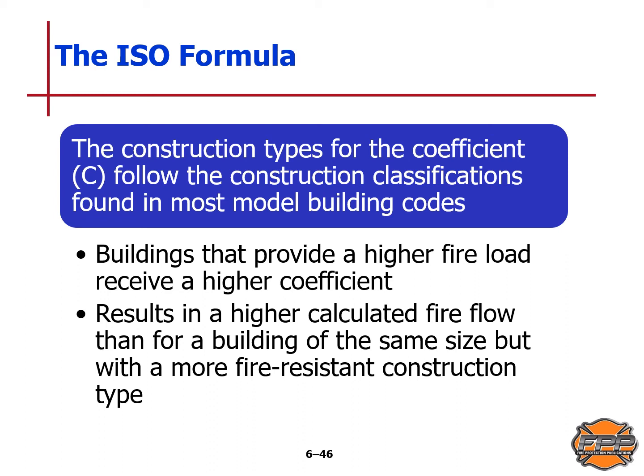So you can see where the precision of this formula would not work in the field, because you don't always know exactly what construction type you have if you just were to roll up on a fire and the building's engaged. However, because this one's used in pre-incident planning, you're seeing the building and its materials prior to an incident, so this formula can be applied, and the coefficient figures.